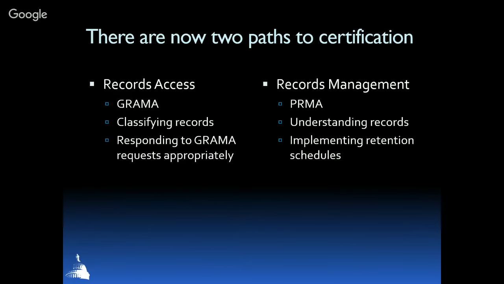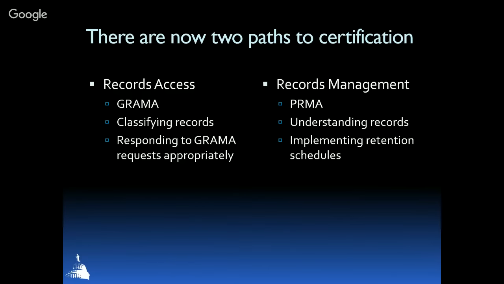So we created a new training that focuses on records management because records officers who are not assigned the duty of responding to GRAMA requests felt that the records access and GRAMA training is irrelevant to what they do every day. That usually happens in larger agencies where they have quite a few records officers assigned and they divvy it out. And so there are some that are not allowed to even respond to requests.